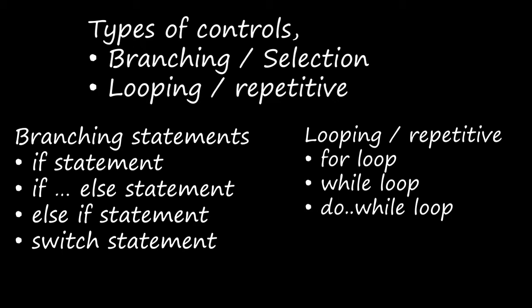After learning the conditional or the branching statements thoroughly, that is if, else if and switch case, you just move on to the looping or repetitive statement. In that also, if you learn this for loop thoroughly, move on to the next, break and continue statements, and then we'll be learning about while loop and do while loop, right?